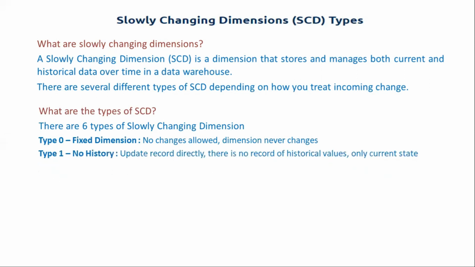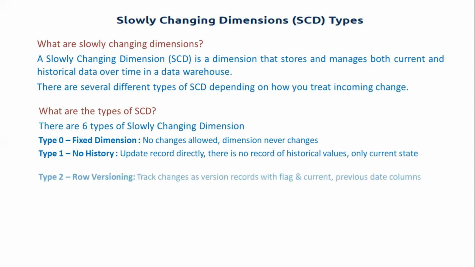Coming to no history, that is type 1. If the source system changes some data, the changes should reflect in our target table as well. Whatever table we are maintaining in our data warehouse, that base table should also reflect the same records which are available in the source table.